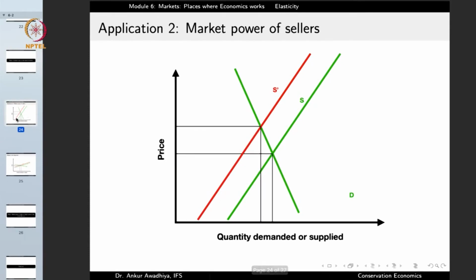Another application is concerned with the market power of the sellers. So, if the sellers are able to change the supply or the quantity that they are supplying to the market, how much power do they have? How much is their influence in changing the price of the product? Now, this is an important consideration for things such as petroleum.